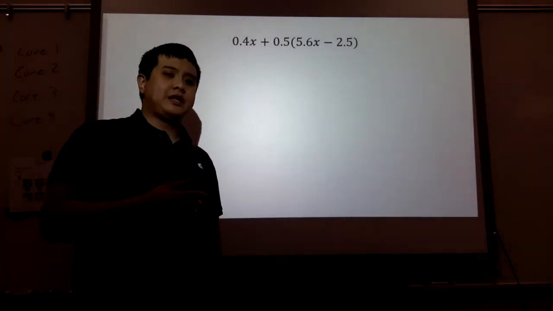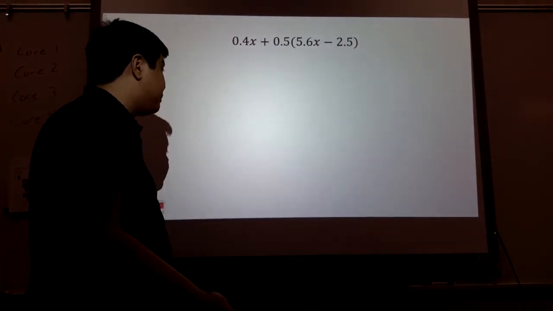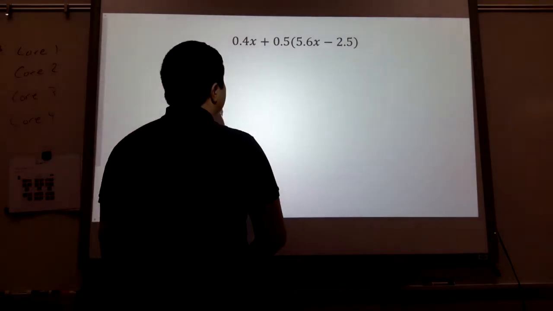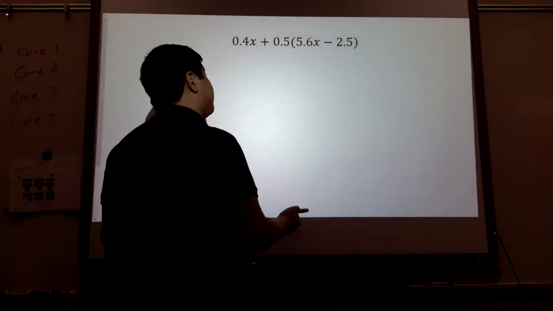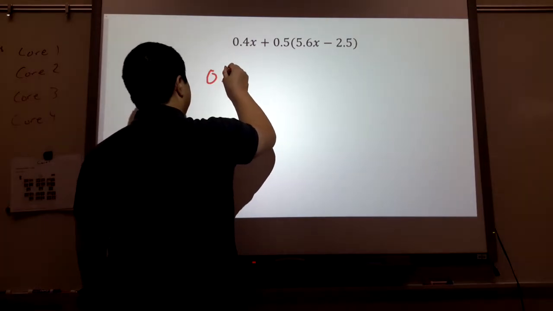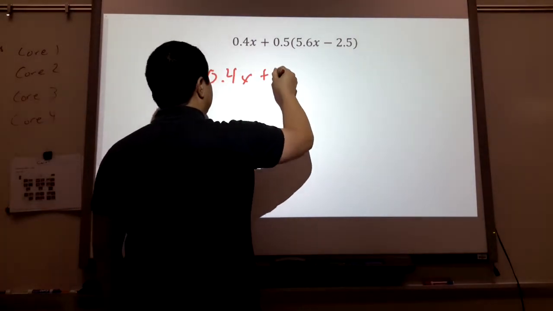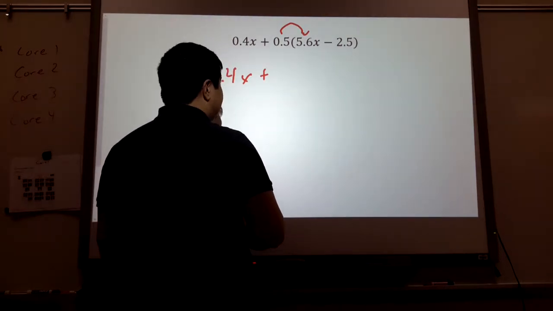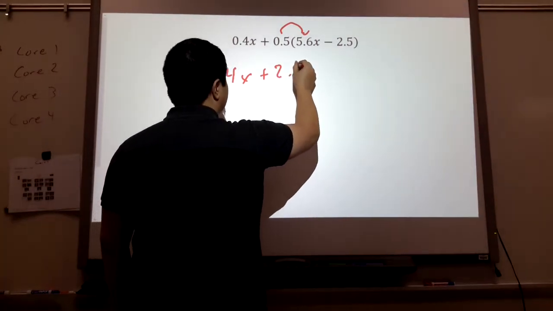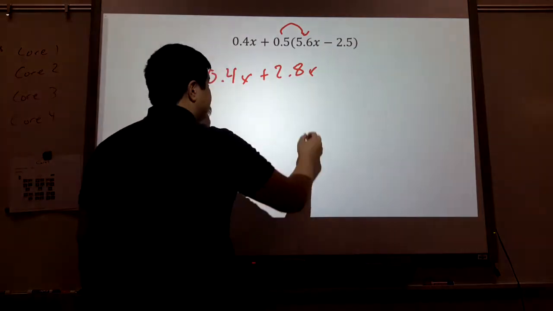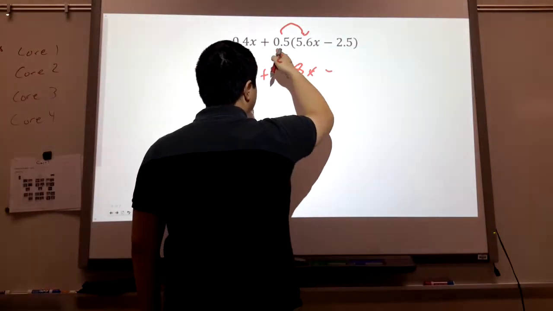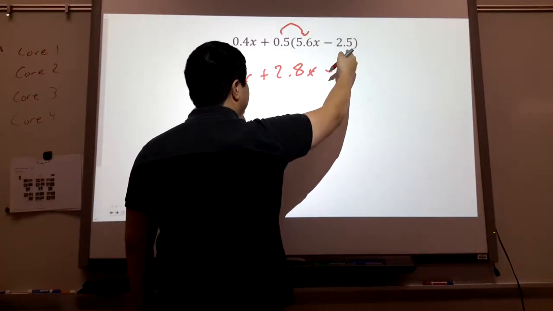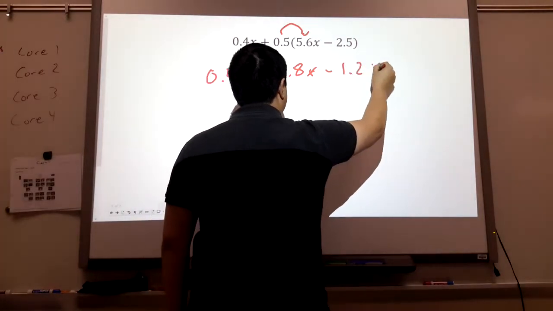Next we're going to do this same thing except with decimals. In this problem, we're going to start off with distribution because distribution is multiplication. 0.4x plus, we're going to distribute this into it. 0.5 times 5.6 is in fact 2.8x minus 0.5 times 2.5 gets us 1.25.